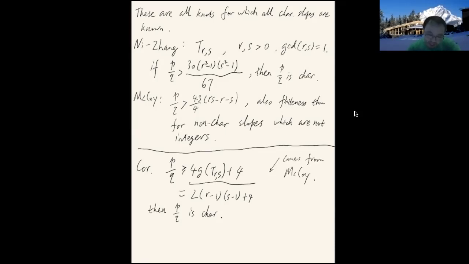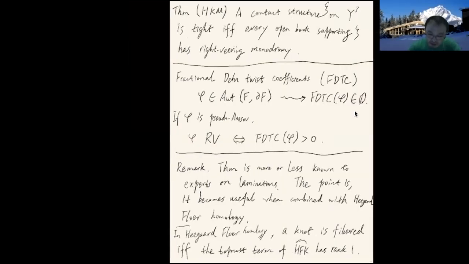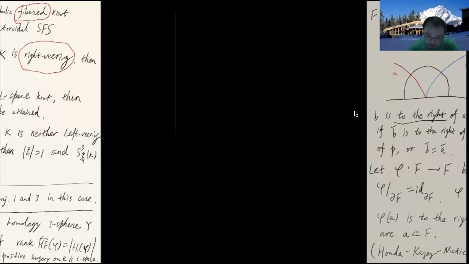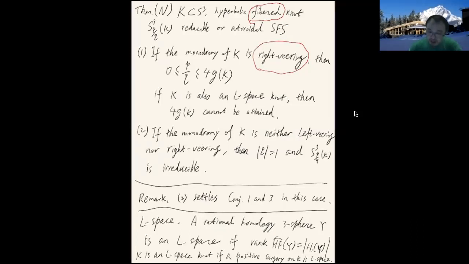But if you compare our corollary with the previous theorem, I guess in the previous theorem the critical number is 4g.